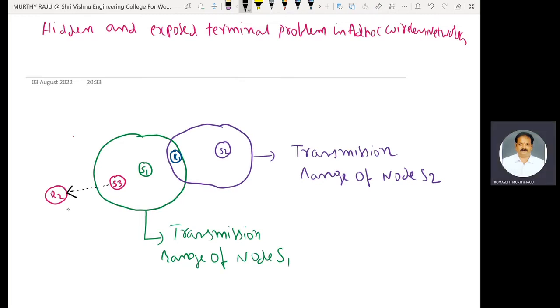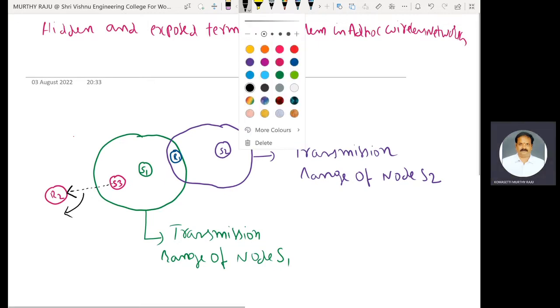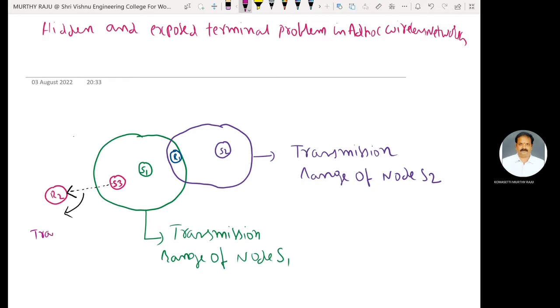This arrow indicates that transmission is not permitted.